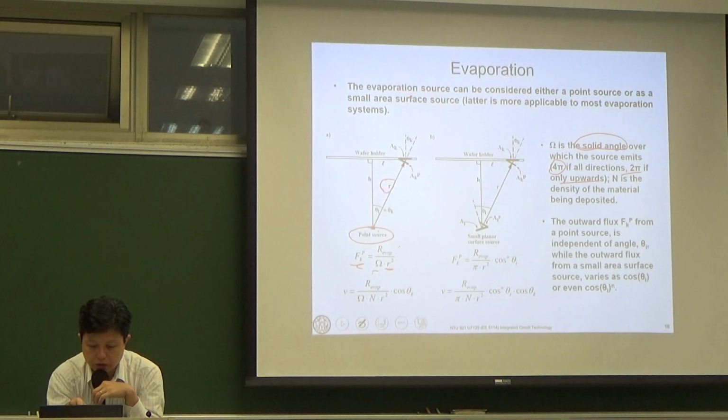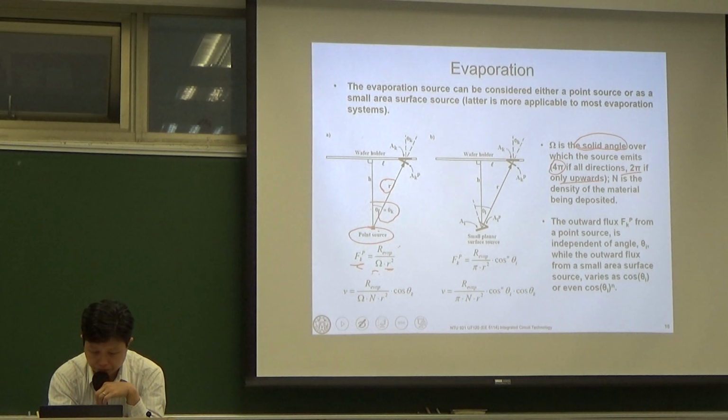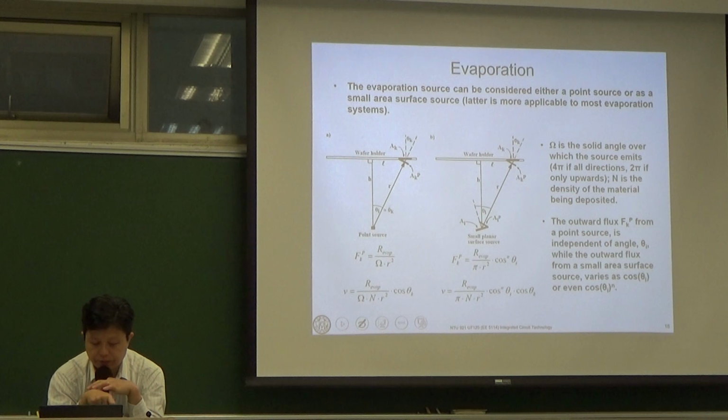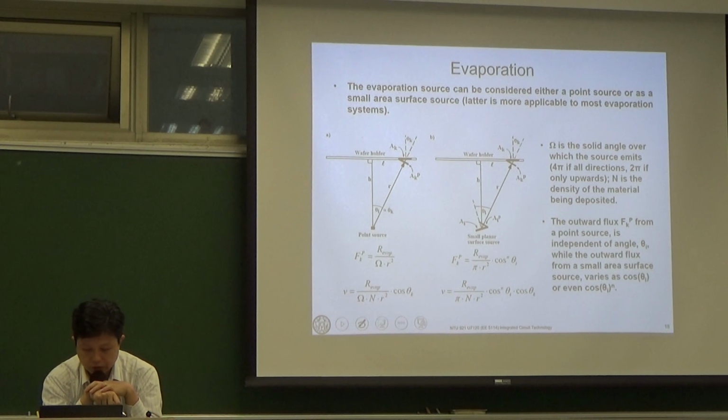So that's the wafer at this K position, which has a theta K. The theta K is the same as theta I here, which is the outward flux angle.